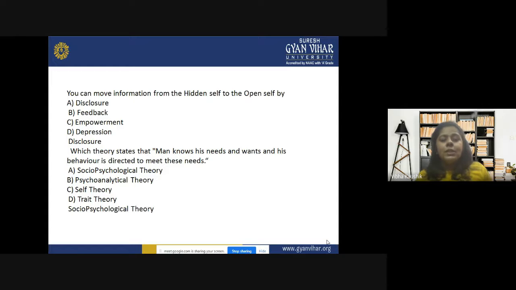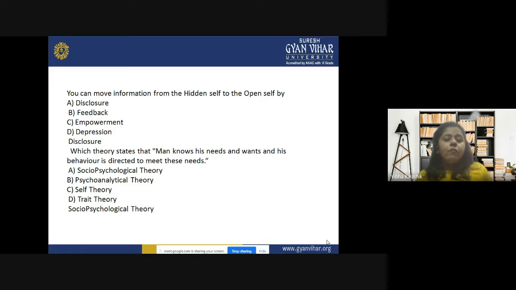So students, these are the options. Now you have to select the correct answer on the basis of the given choices, and the correct answer will be option A, that is disclosure. Means with the help of that we can move information from the hidden self to the open self.